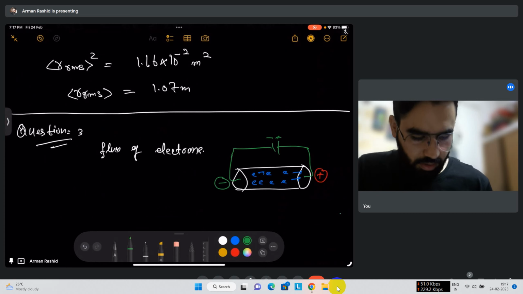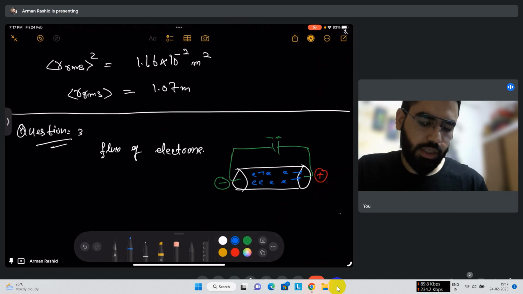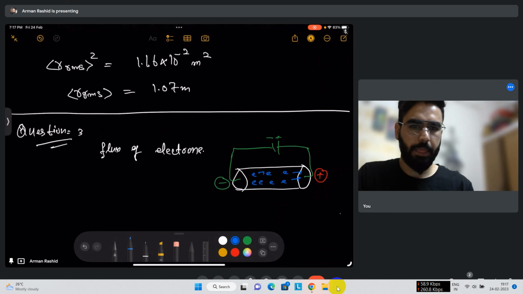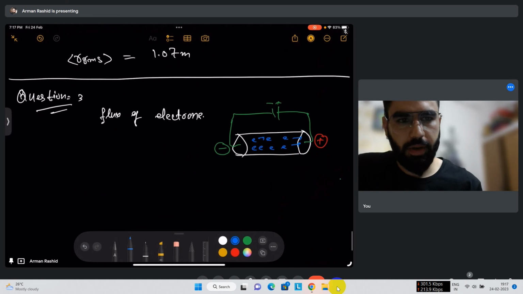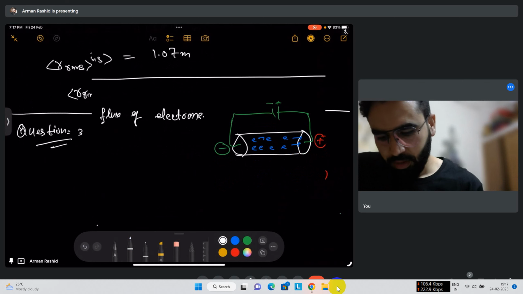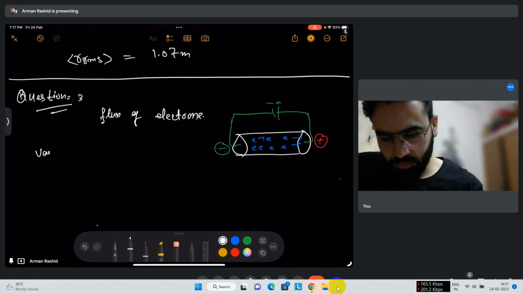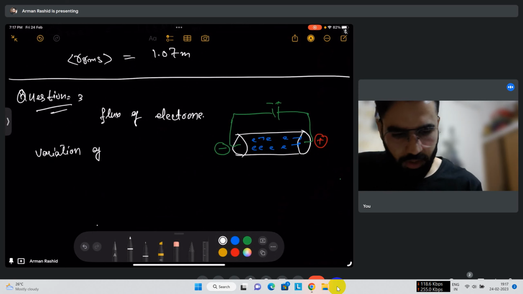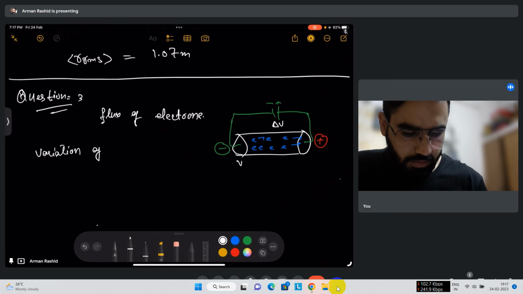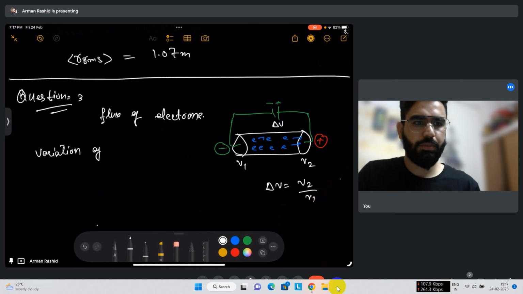Now the flux is like, once we apply a potential, the electrons will get drifted. Okay, so that we have to determine. Now we know that if the potential delta V is applied, here it is V1, here it is V2, so delta V will be equivalent to V2 minus V1, that is the potential difference.